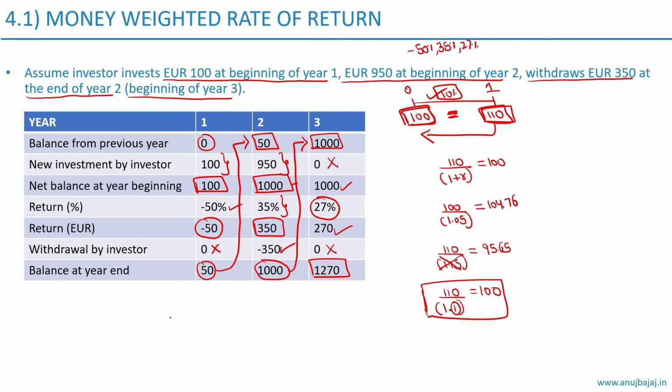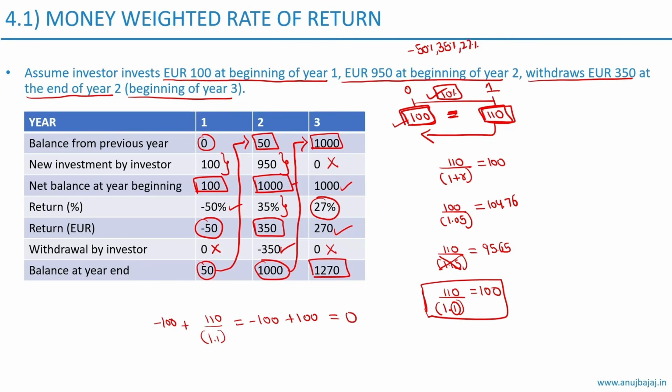Taking this a step further, because the investor had invested 100 euros initially, which is his cash outflow, I can write it as negative 100 euros, and he received 110 at the end of year 1, and the present value is 110 divided by 1.1. Let us add these two figures. We get negative 100 plus positive 100, which is 0.